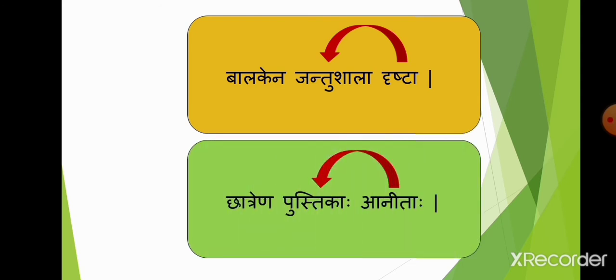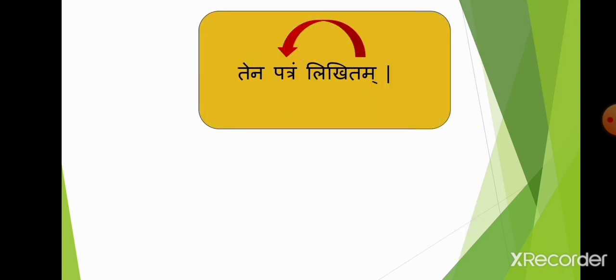Chhatrena pustikaha anitaha. Pustikaha is used in bahuvachanam, so anitaha is also used in bahuvachanam. Tena patram likhitam. The gender of the word patram is napunsakalingam and it is used in ekavachanam.